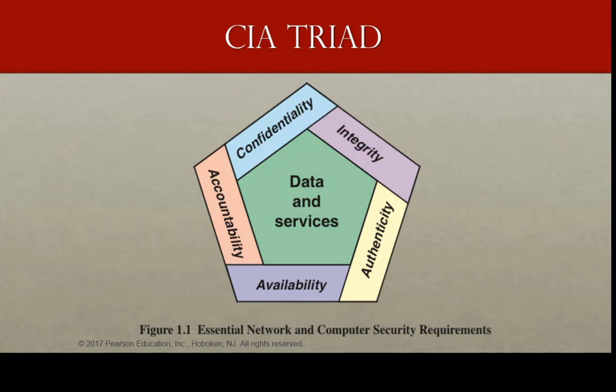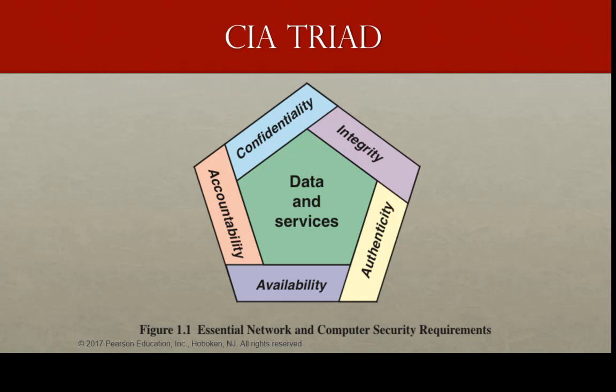Confidentiality is preserving authorized restrictions on information access and disclosure, including means for protecting personal privacy and proprietary information. A loss of confidentiality is the unauthorized disclosure of information. Integrity, guarding against improper information modification or destruction, including ensuring information non-repudiation and authenticity.